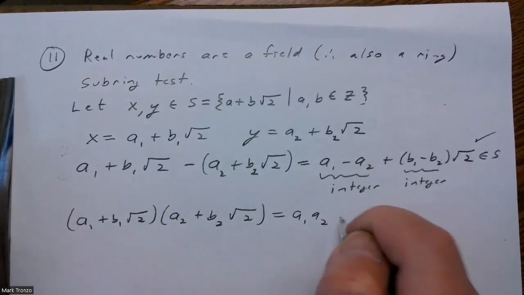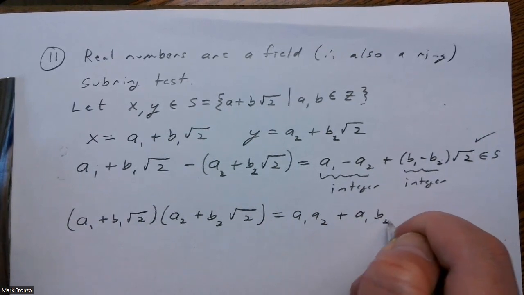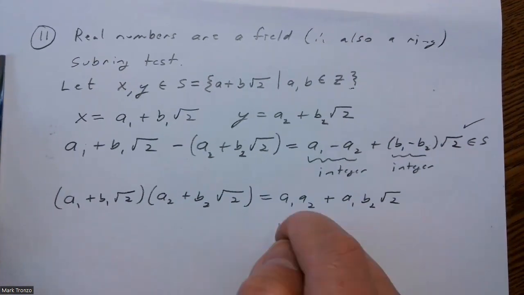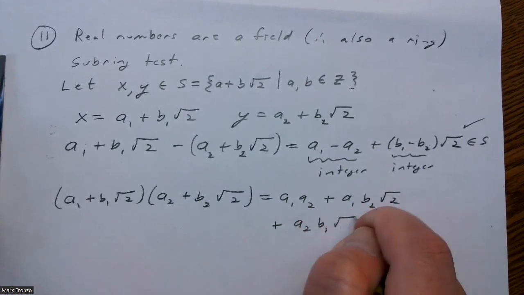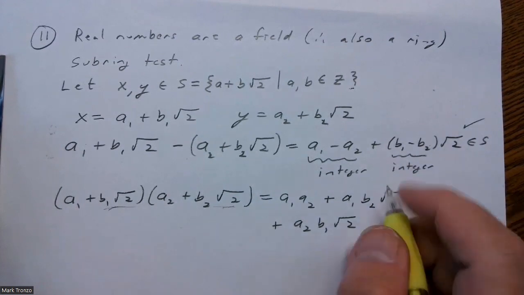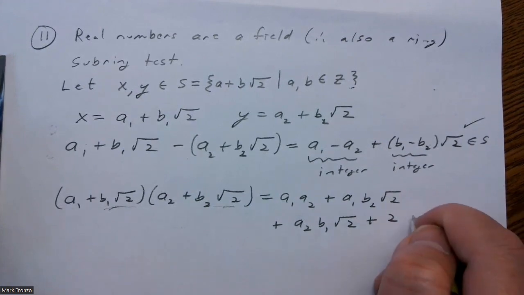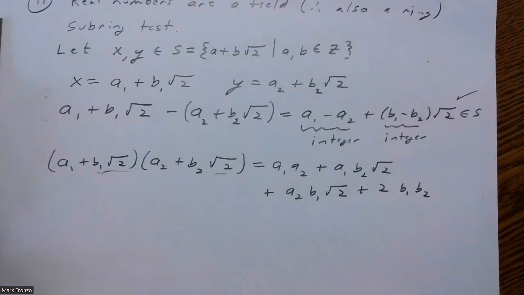That gives a1 a2 plus a1 b2 square root of 2 plus a2 b1 square root of 2. Now we multiply these two together, and the two square roots will end up being 2, so it'll be plus 2 times b1 b2. So that looks okay.